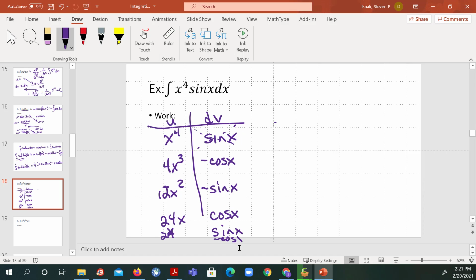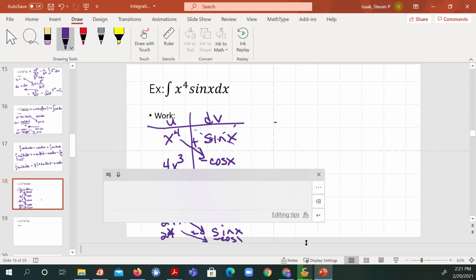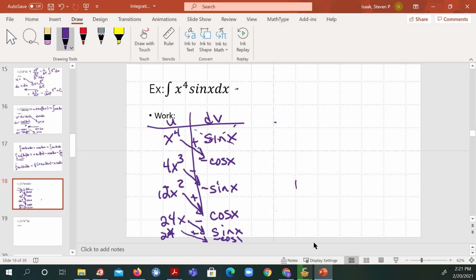The signs go plus, minus, plus, minus, plus, and then we're going to integrate over here. I'm off the screen, but remember this is a 0. So this is minus x to the 4th cosine x.